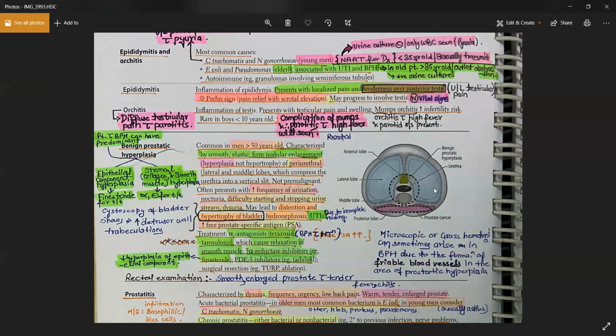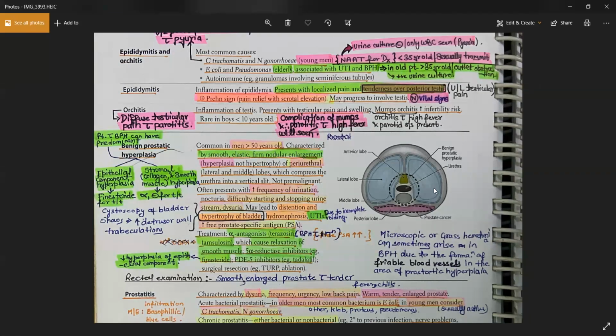When we do rectal examination to check the prostate, is it smooth, irregular, or how is it?